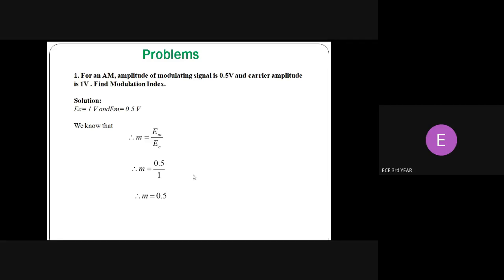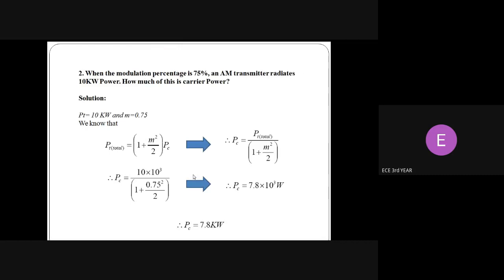Next, we're going to see another problem. This problem is based upon the carrier power. How are we going to calculate the carrier power? Let's read the question first and then go for the solution part.